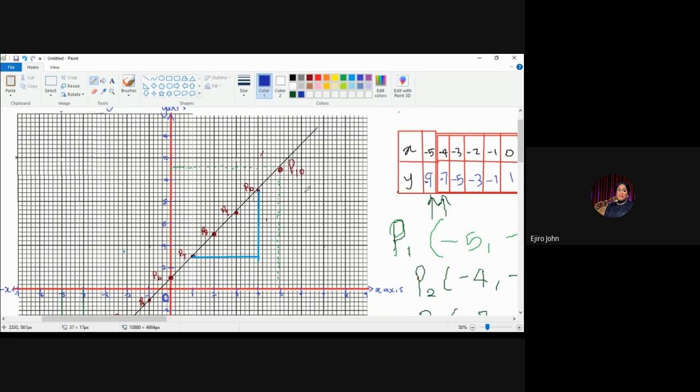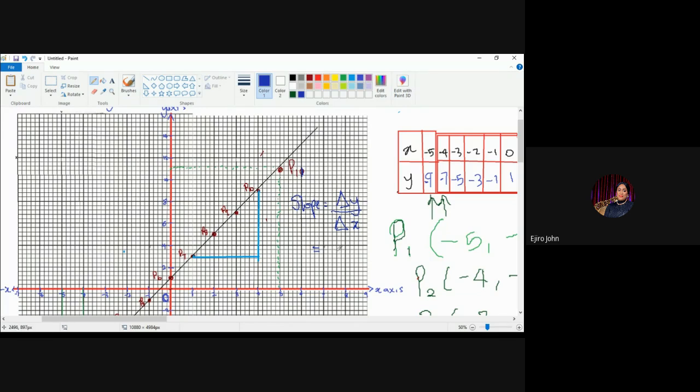If I want to find the slope, I'll write slope is equal to change in the y-axis all over change in the x-axis. Because I chose point 10 and point 7.